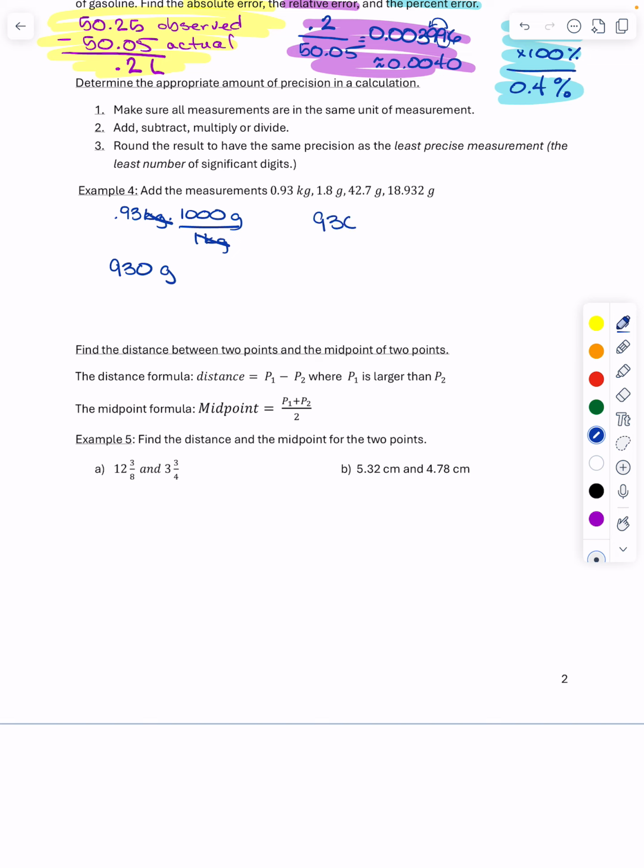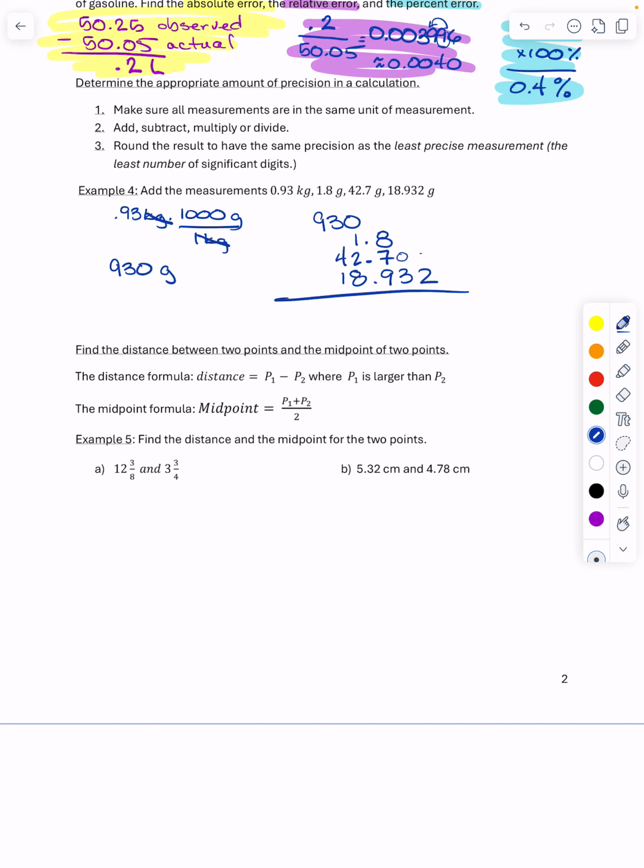So I'm going to add. I'm going to make sure that if I'm adding by hand, I am lining up all of my decimals. Sometimes it's nice to just double check and make sure we haven't lost this skill.